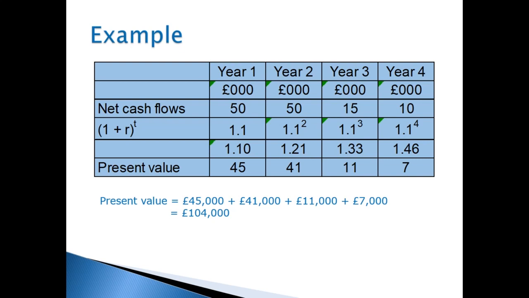Now the main difficulty with this technique is to establish an appropriate discount rate. For larger companies, the rate will be determined by the accountants, so this is not a problem for managers and other users of accounting information. You should also know that the rate can be adjusted to take account of risk.